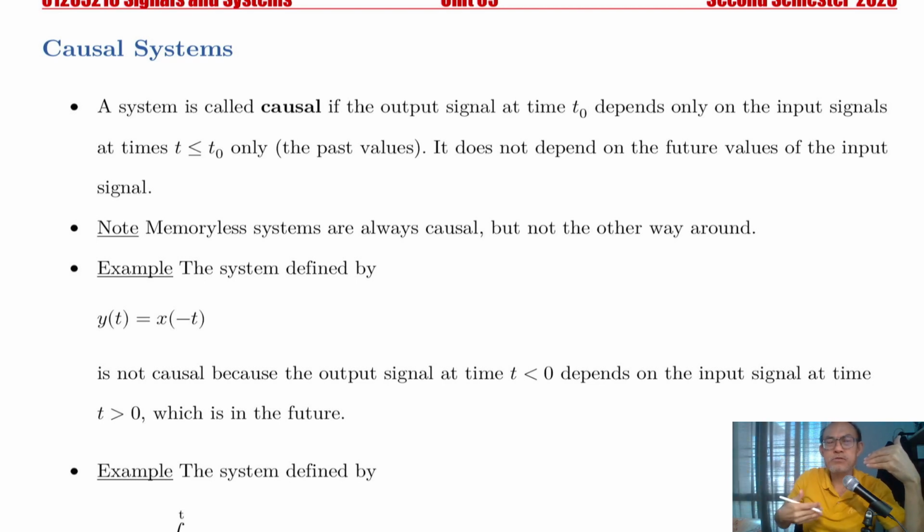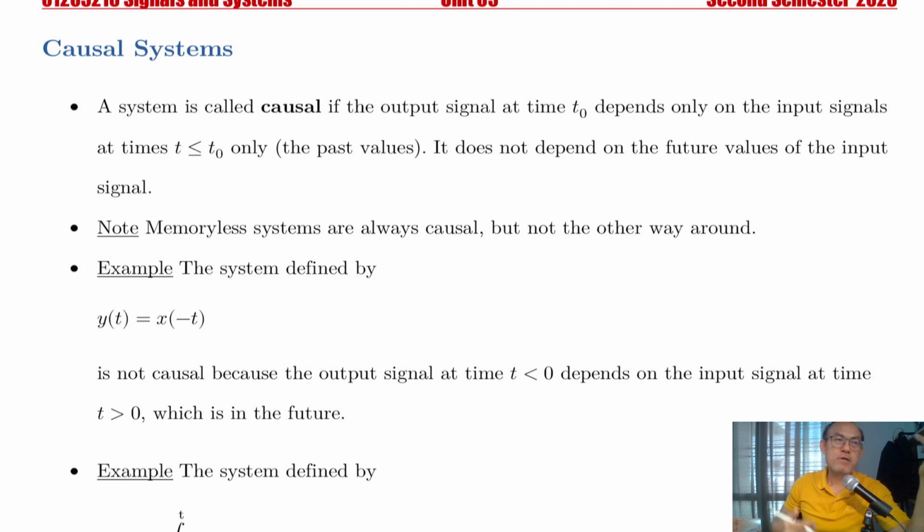How come the output changes? So causal systems are quite realistic systems, but there are systems in electrical engineering that are not causal. And you may wonder why systems are not causal.